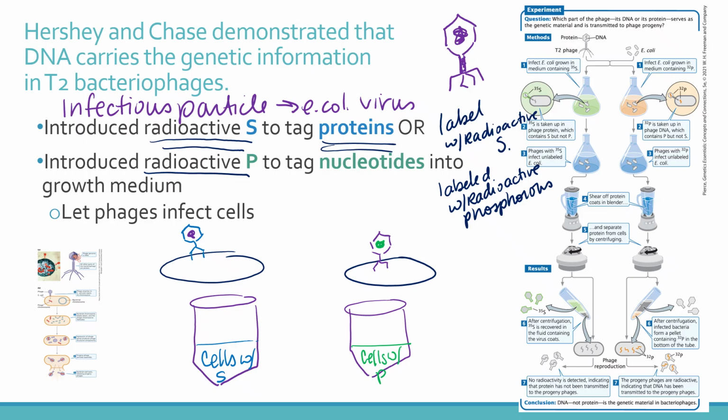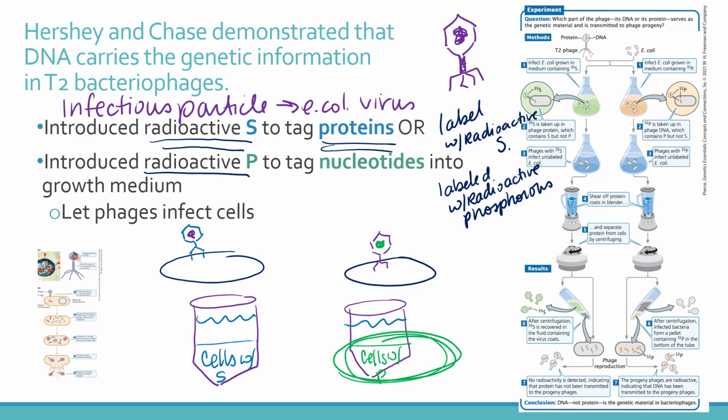And then the solution up in the top would have the remnants of the infection. So they took the solution off and then analyzed those cells to figure out which ones were infected by this infectious particle. It turns out that it was the cells that were infected with phosphorus.